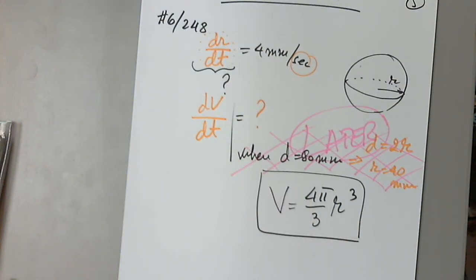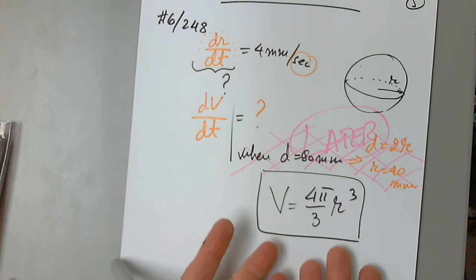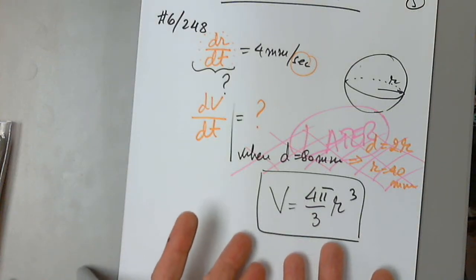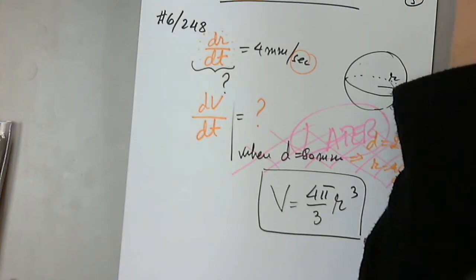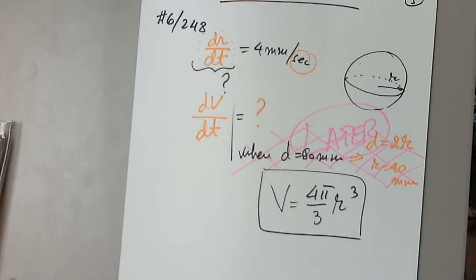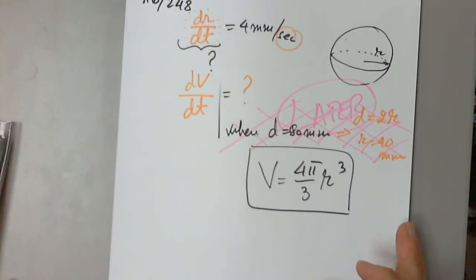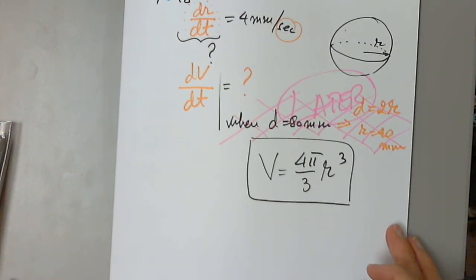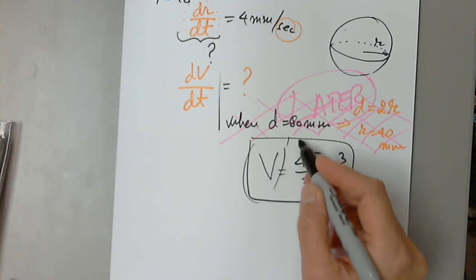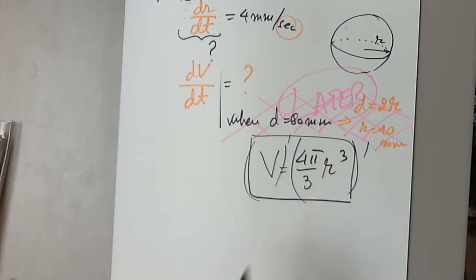Where is my starting point? That's all I have. What will I do to it? You may have said it, I didn't hear. Just take the derivative. Of course. Absolutely. What is the left-hand side?